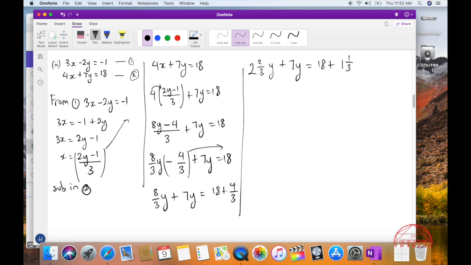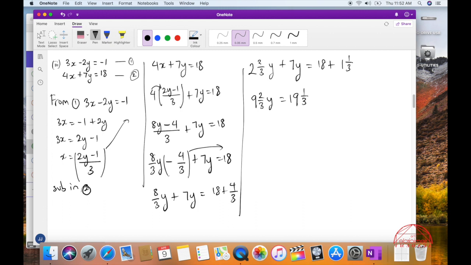Right? Now, 7 plus 2 is 9. So this is 9 and 2 over 3 y is equal to 18 and 1 is 19 and a third.